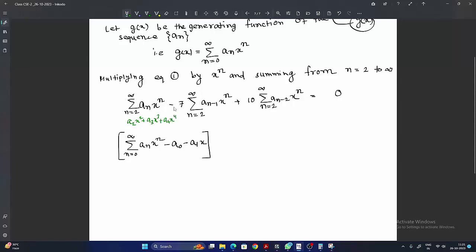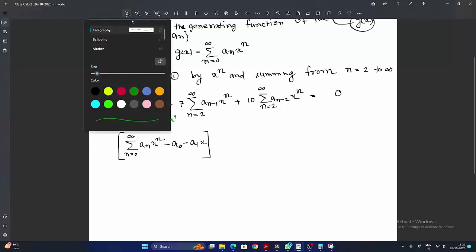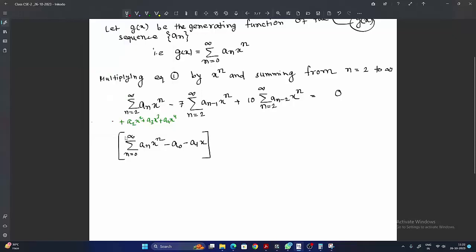So actually this is our series, but we need the series to start from 0. That means the two terms before it are also needed: we need a1x and a0 as well. So these two are the extra terms, that a1 of x and that a0.